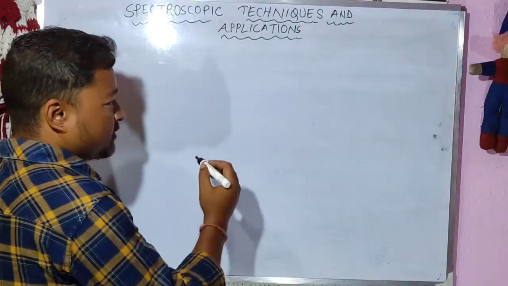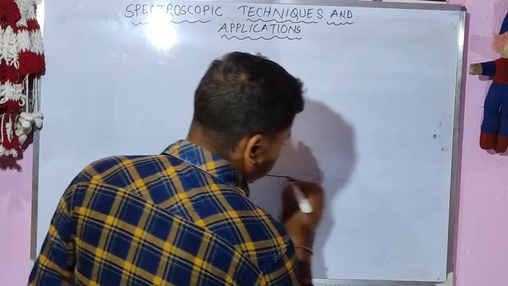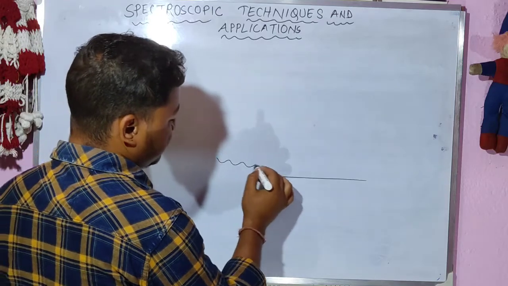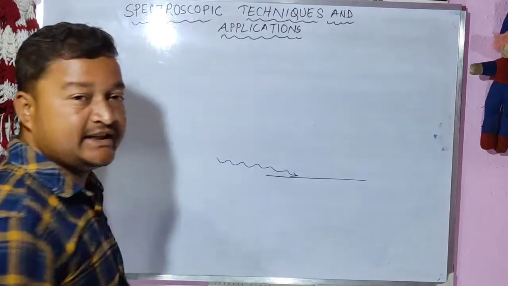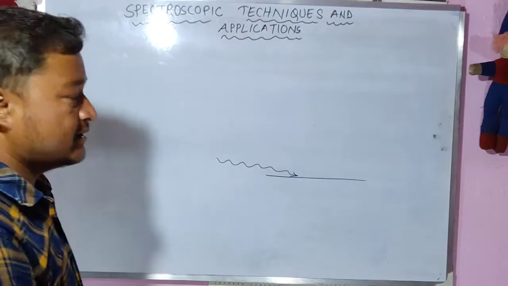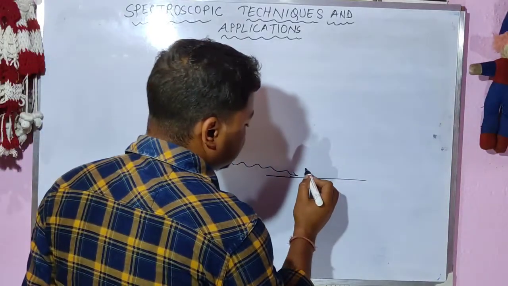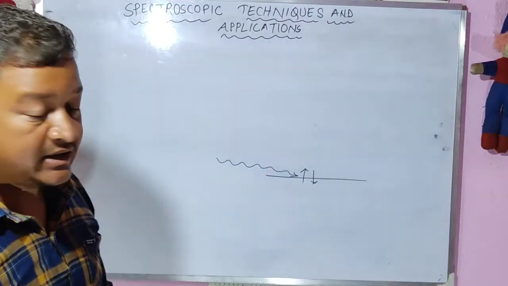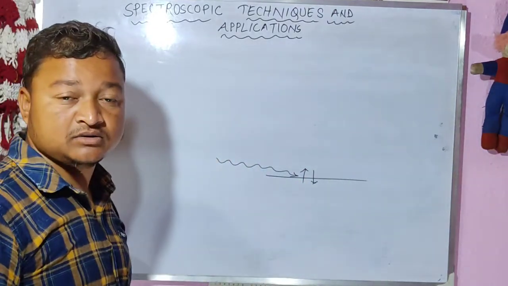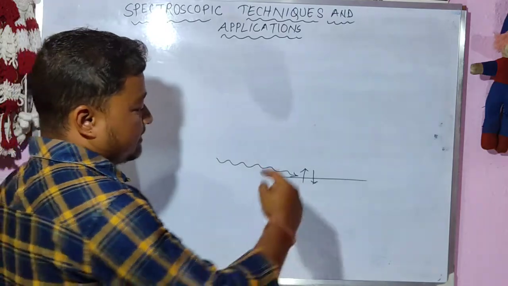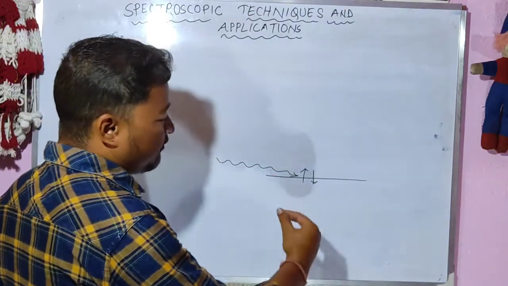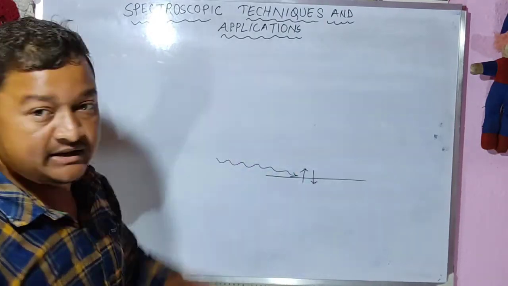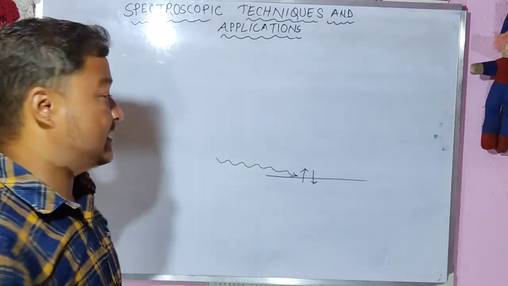In spectroscopy, the matter accepts energy from electromagnetic radiation, and therefore electrons in their ground state jump from the lower energy level to a higher energy level.